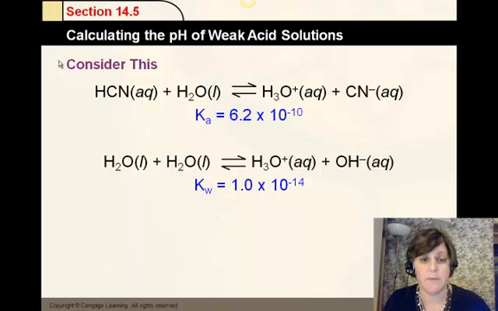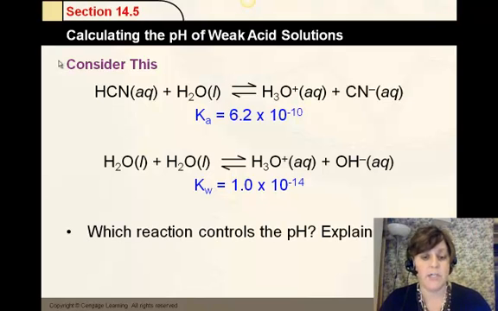Not a very big number, but the other choice is water. You can see that the Kw for water is 1 times 10 to the negative 14. And you notice that HCN's Ka value is still bigger than that for water. So, which reaction controls the pH? Obviously, that which is in the HCN.